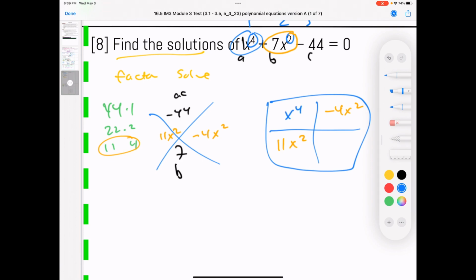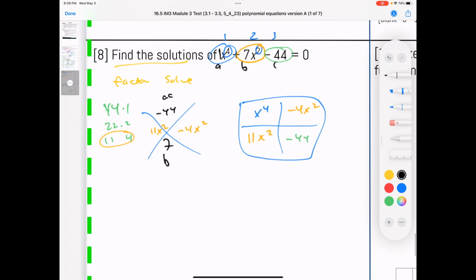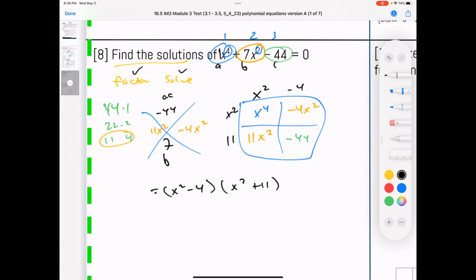X to the 4th and negative 44. X squared. It's going to be 11 and then negative 4. Okay, so we factored. And now we're going to solve.